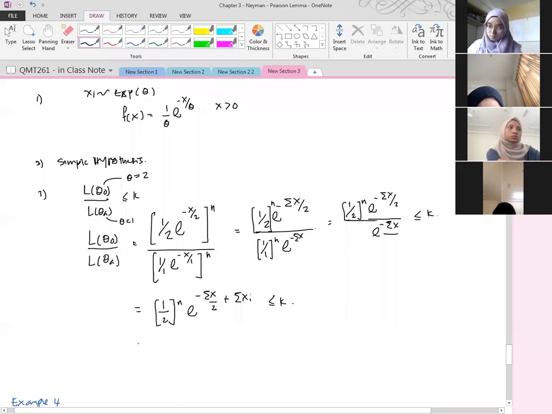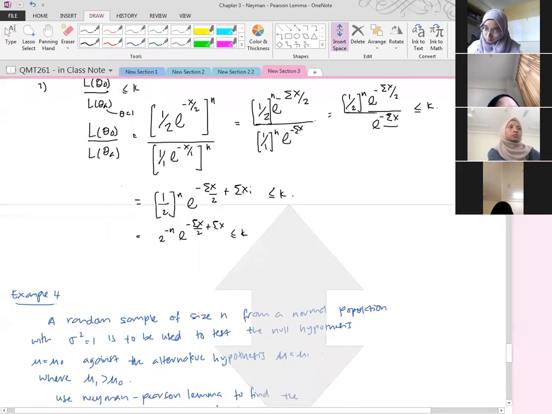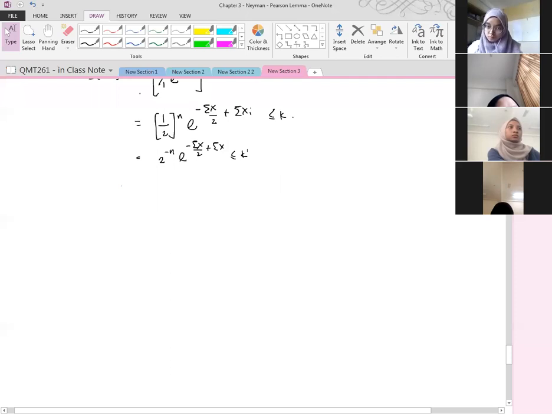We can simplify again, so it becomes 2 power of negative n, exponential negative summation of x divided by 2 plus summation of x, less than or equal to k. Since we have an exponential on the left hand side, we can take ln on both sides to simplify.